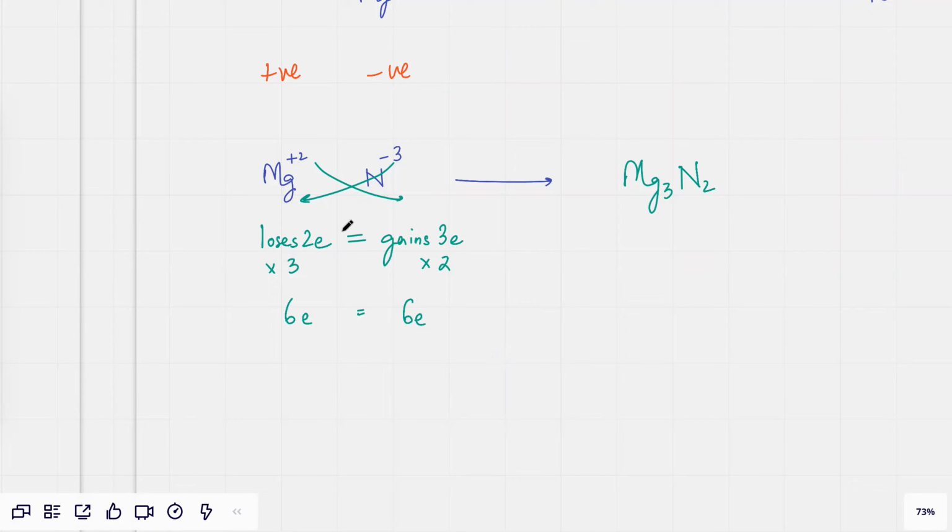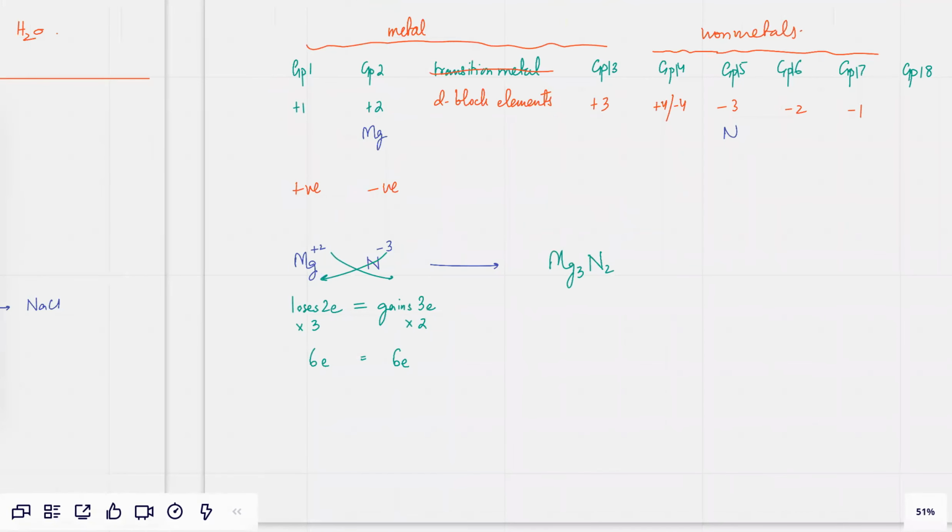I was just confirming whether we did this right or not. I've got 3 Mgs and 2 nitrogens in the formula, right? So it makes sense. Is this point clear? But from now on, you don't actually have to do this. You just do crisscross. That's it. You just get the formula, and you can figure out the charges of the ions from the table.